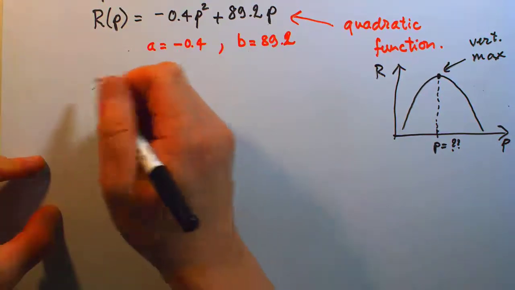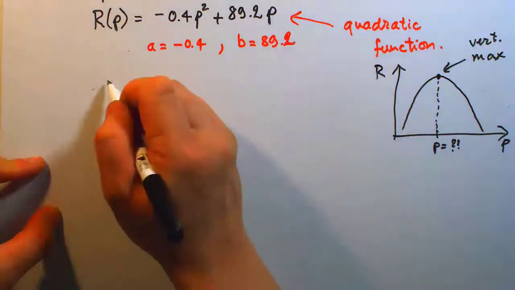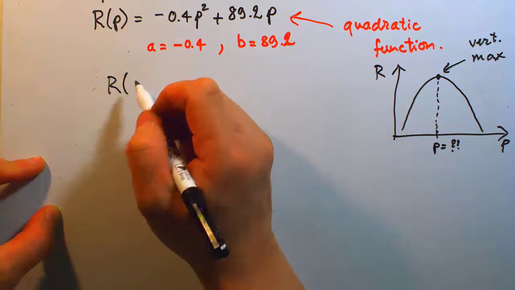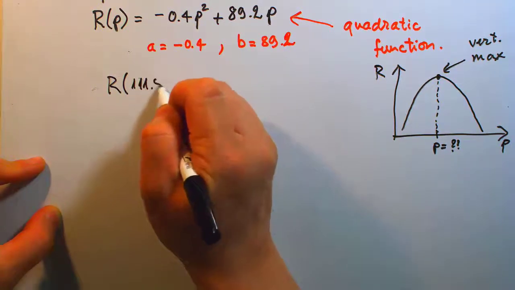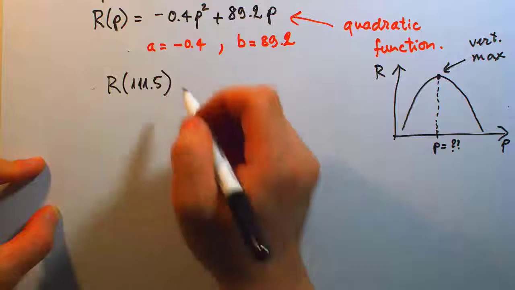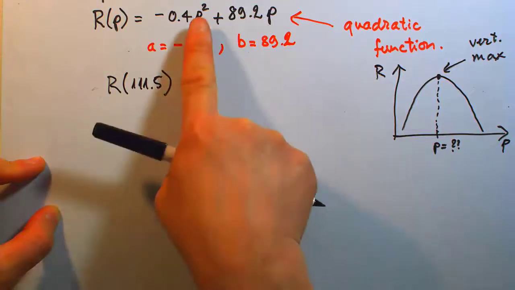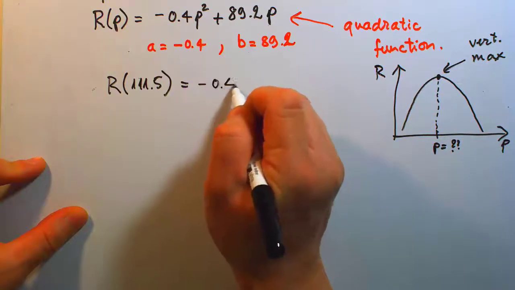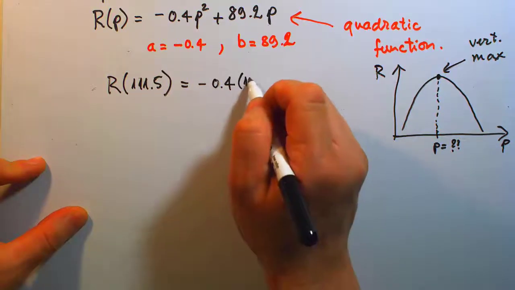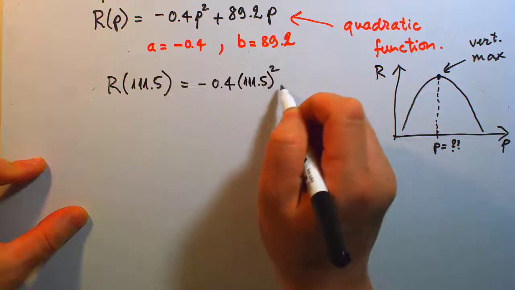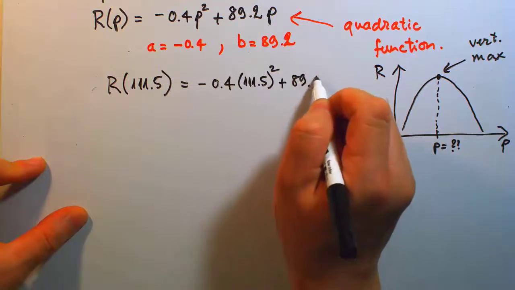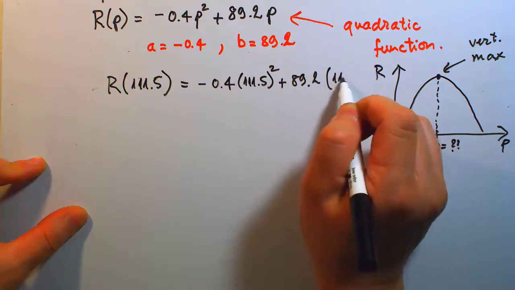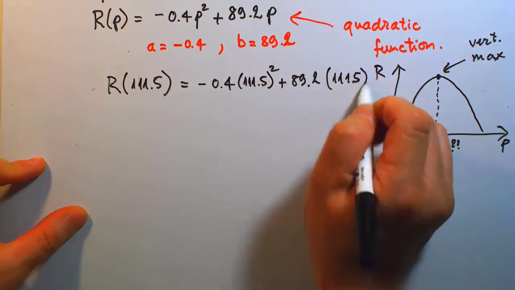And so to find that maximum value, all we do is simply calculate at 111.5, which in turn is substituted into our quadratic function that we found previously: negative 0.4 times 111.5 squared plus 89.2 times 111.5.